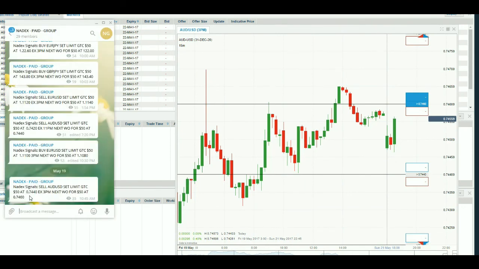The entry is at 0.7440, around this price level here. And the next working order was at 74.60, which ended up being a winner on Friday, and 74.40 was a loser. So that trade helped us break even.